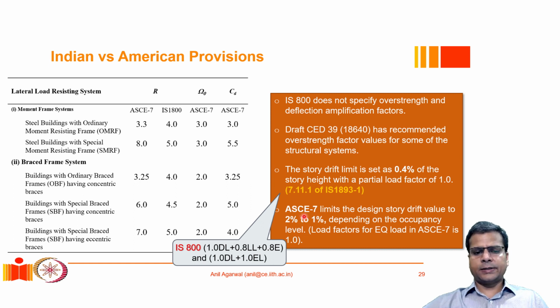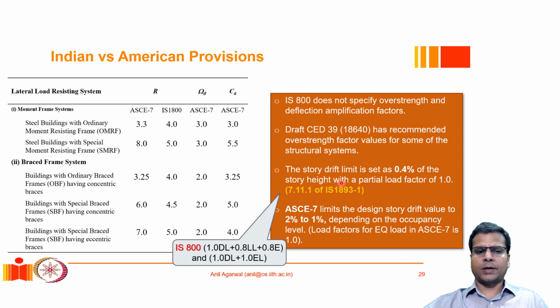So in ASCE 7, you are required to first calculate the deflections under the elastic analysis, which is under the reduced response. Then you amplify the deflections by multiplying all the deflections with this CD factor. That will give you the final deflections or real deflections. Those real deflections should be within 2% to 1% of the story height. The Indian code does not apply that deflection amplification factor.